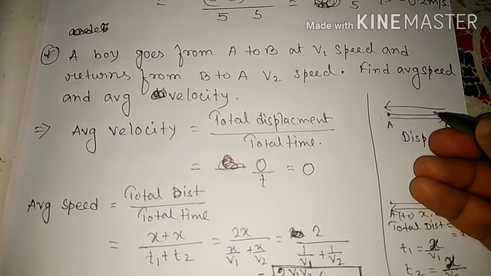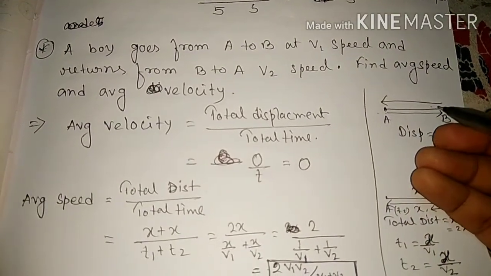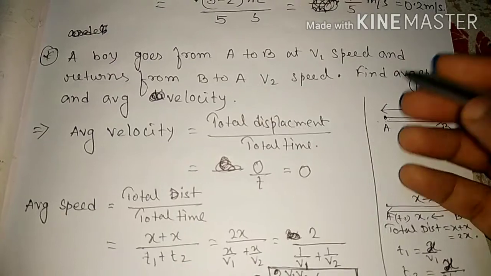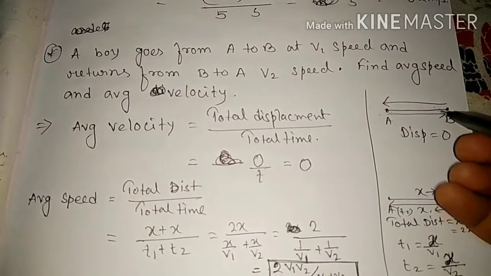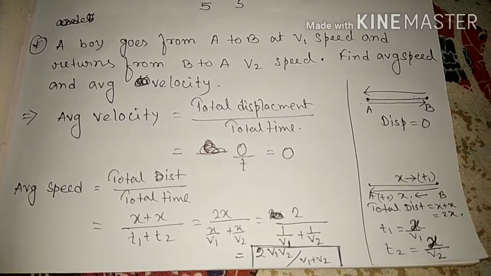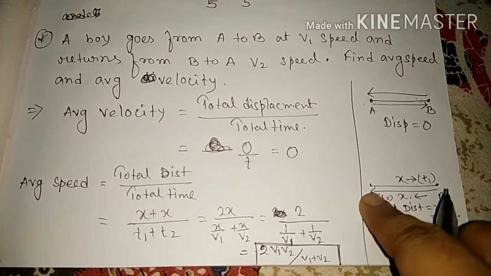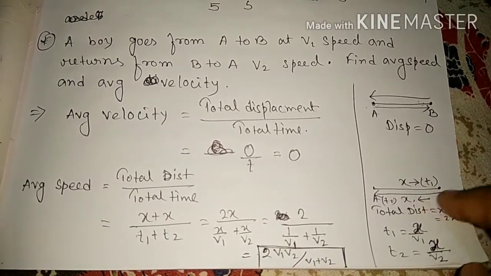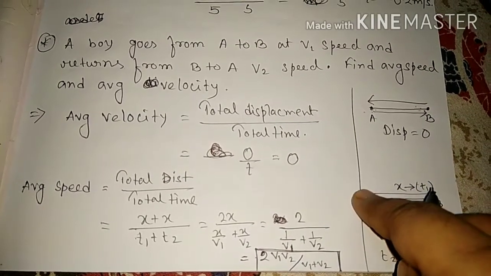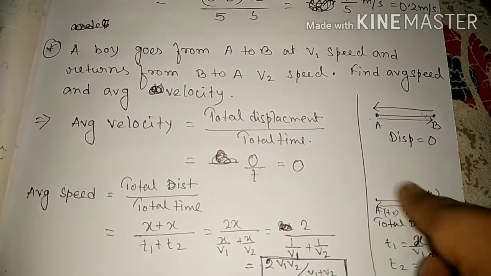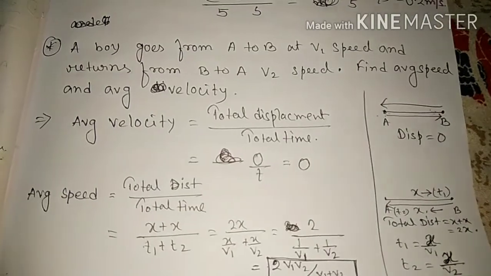A to B at V1 speed, B to A at V2 speed. So we consider A to B distance is x, and B to A distance is the same x. First, A to B time taken to cover this distance is t1, and for returning the time is t2.